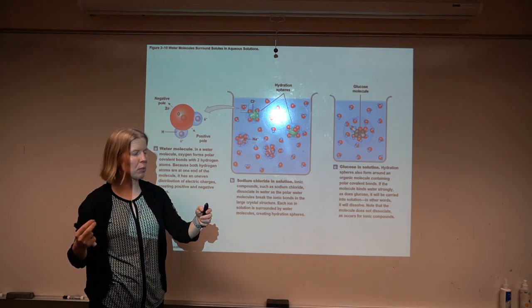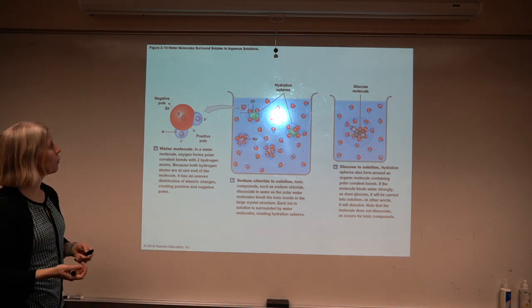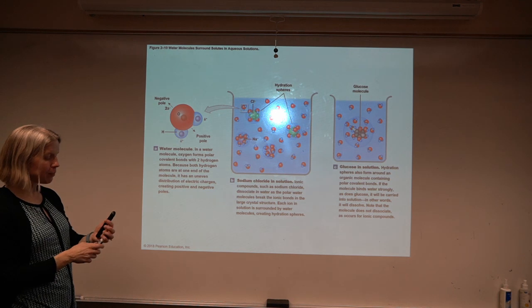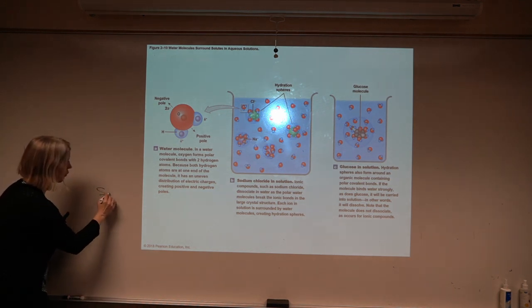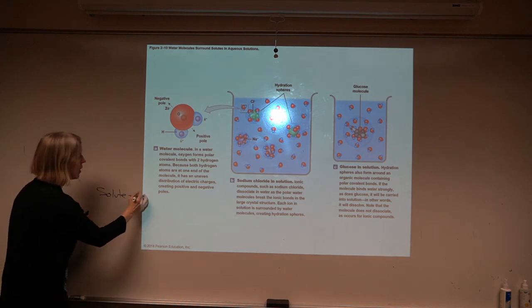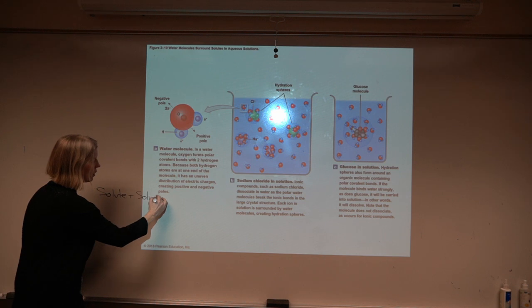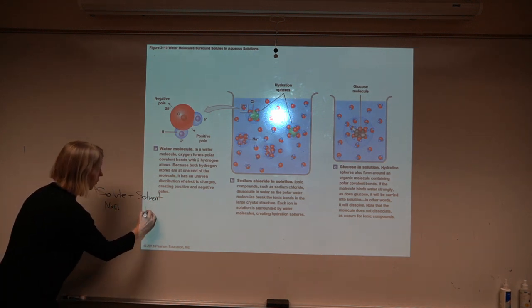Sodium and chloride are separated and surrounded by water molecules, right? And so we call that a solvent. So there's another kind of reaction for you. A solute, like table salt, and a solvent, like water, that could help break it down.